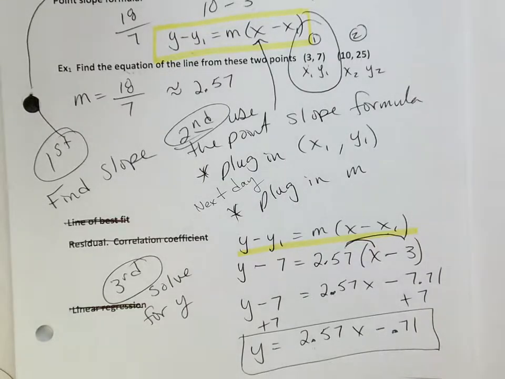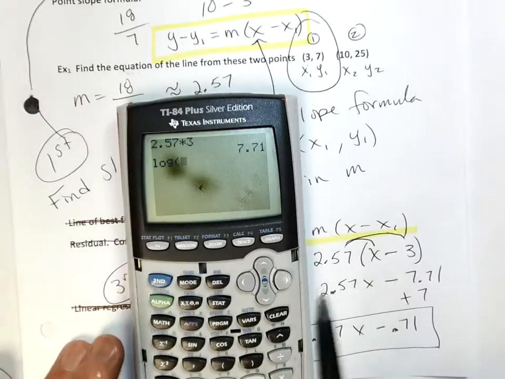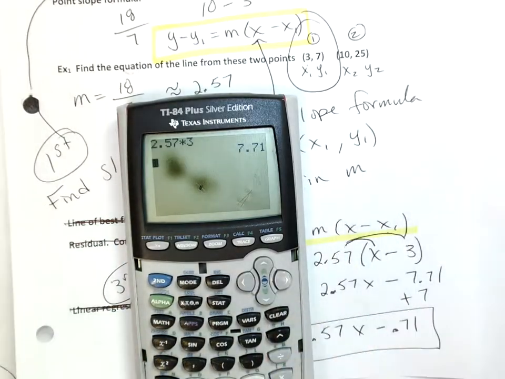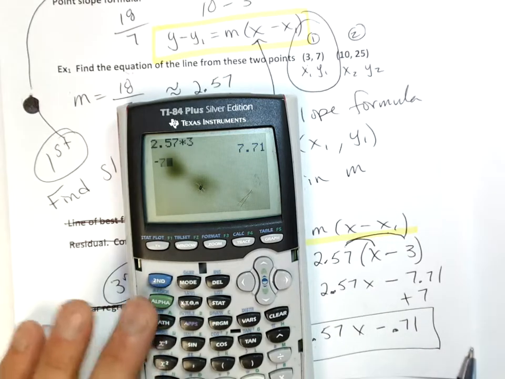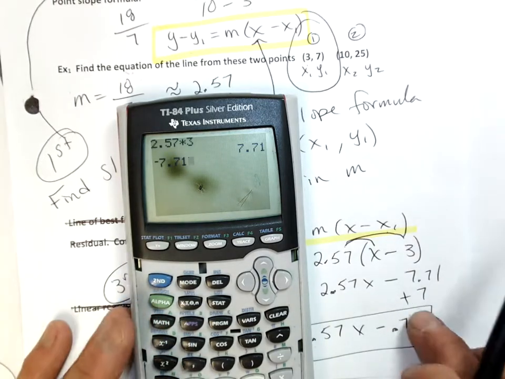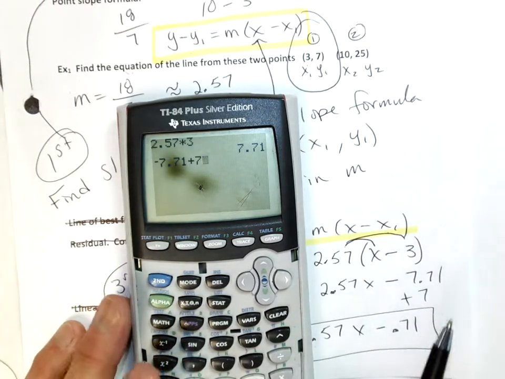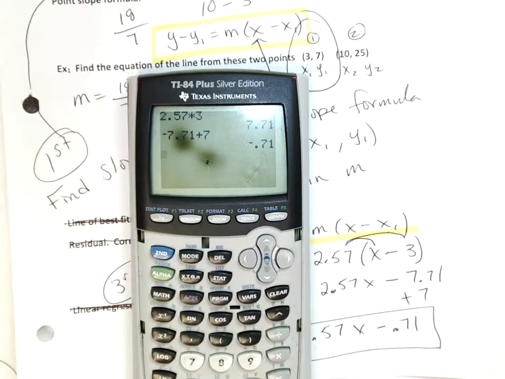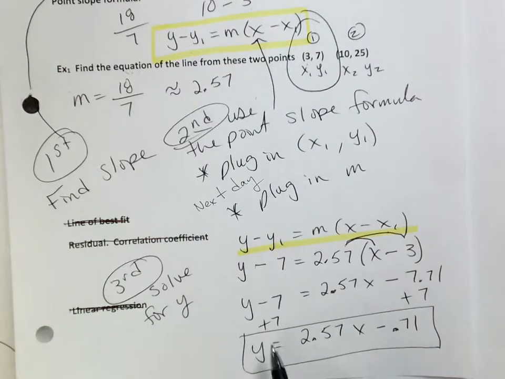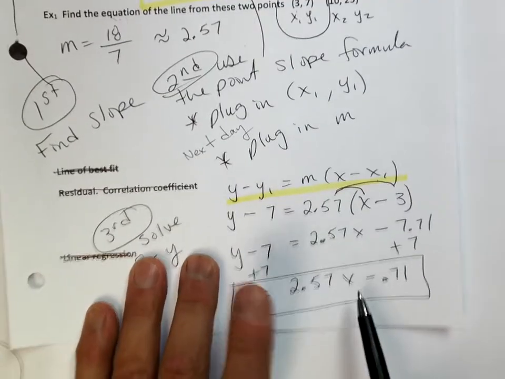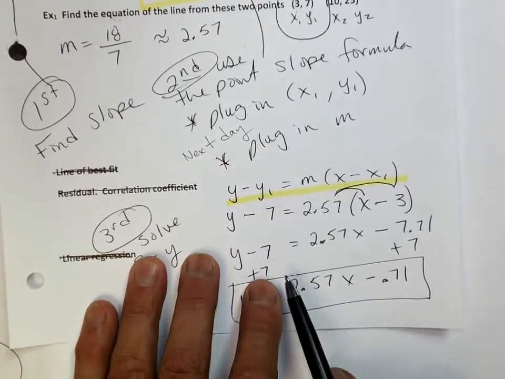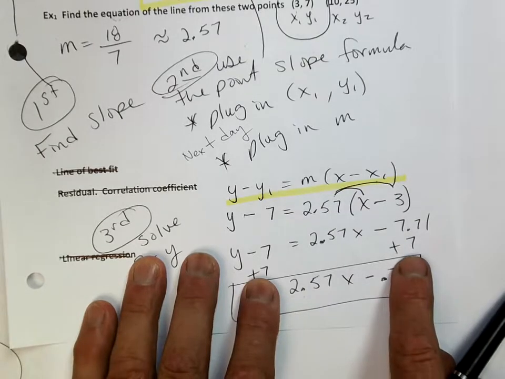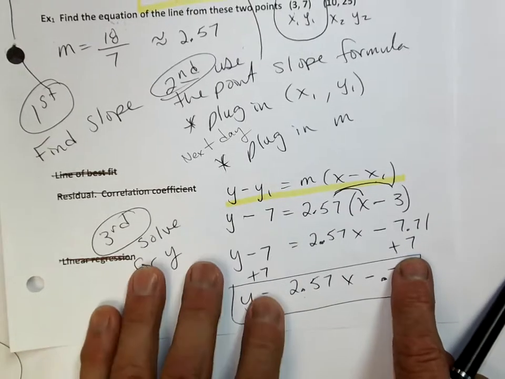Yes, Nikolai. How did you get negative 7 point...? Okay, we'll do it on a calculator. Check it out. Great question. I just did it in my head, but you don't have negative 7.71 plus 7, right? Can you see my calculator? Right here, to get rid of the 7, I went plus 7, didn't I, to get y by itself. So that's gone.